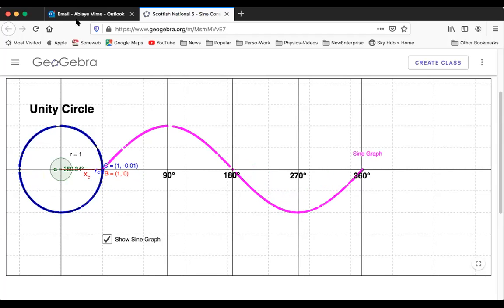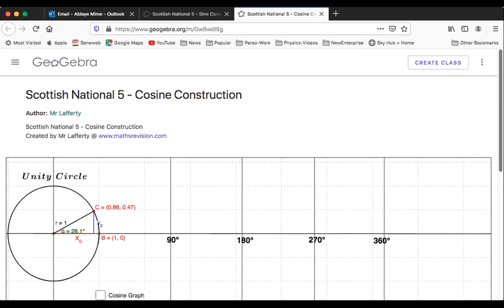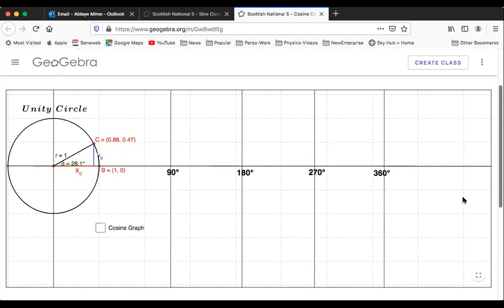Now let's have a look at the cosine graph. So when you come to the cosine graph, can you still see my screen? Mm-hmm. Okay, so we used the y-axis to plot the value of sine. We're going to use the x-axis to plot anything to do with cosine.